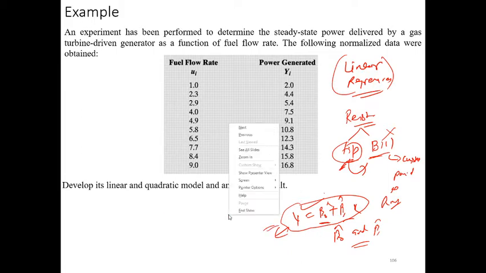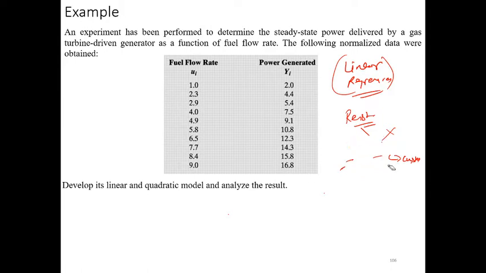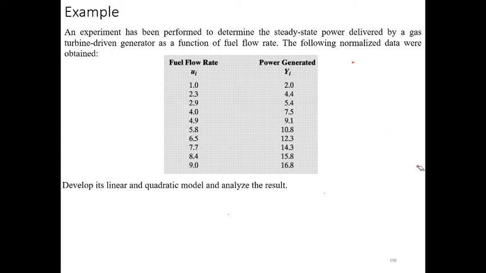So today we are going to start the next topic, in which we will start first order and second order control response. Before starting that topic, this is a classical example given in the Seborg book.